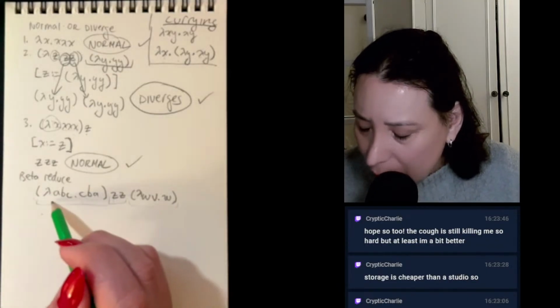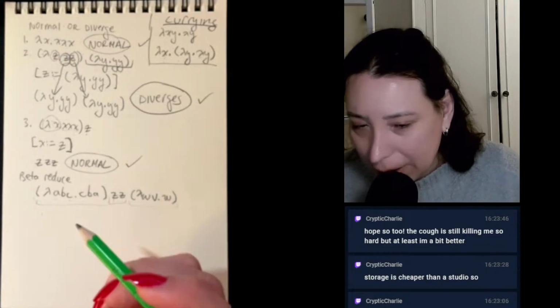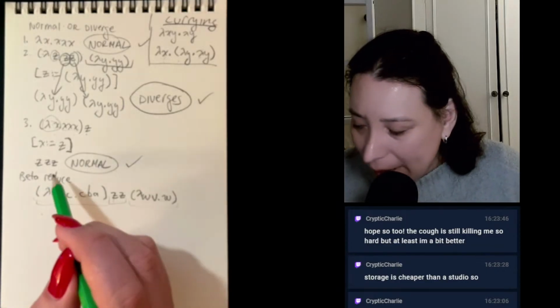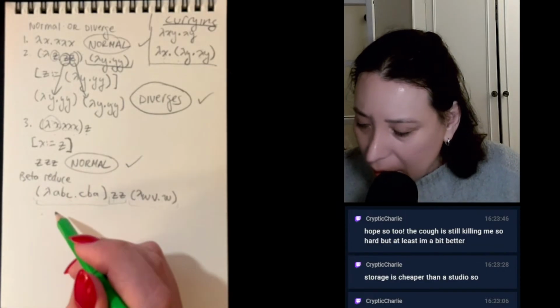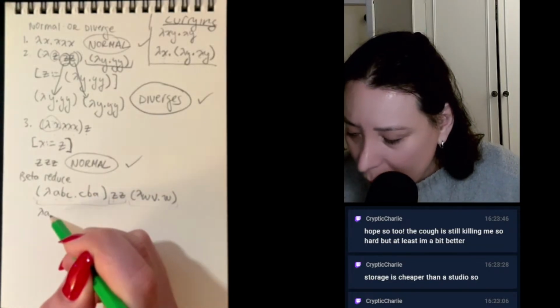All right, so we're going to turn this ABC into, I don't know if I would call it simplified format, but the explicitly curried format.